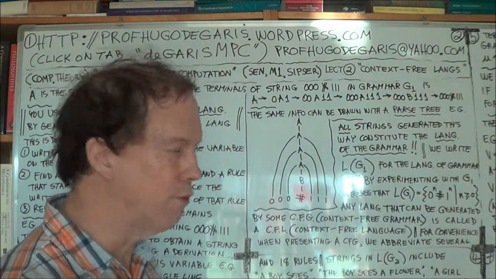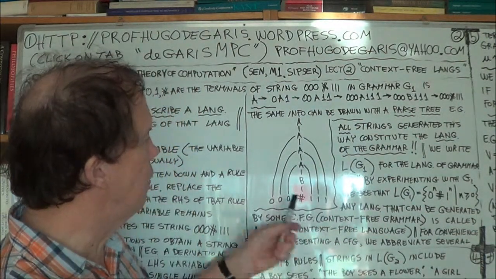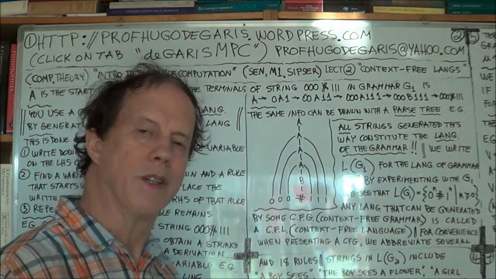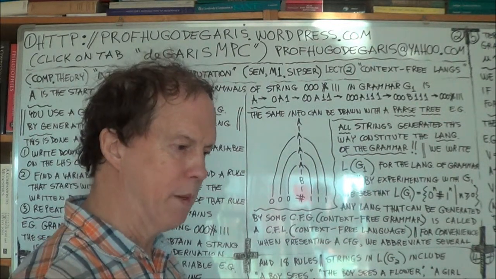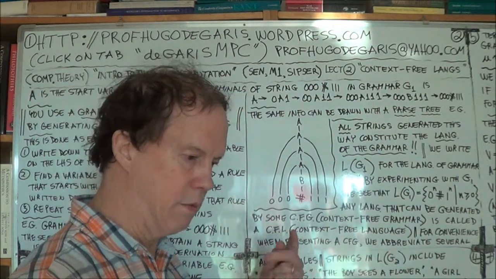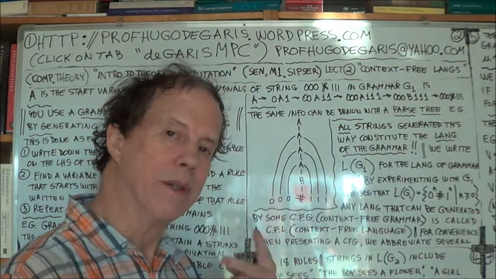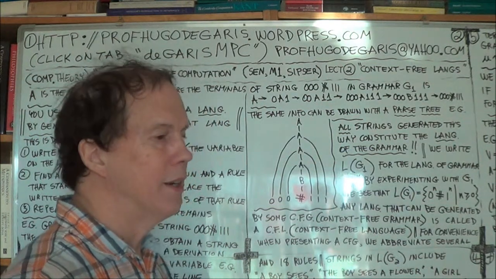Okay, a more formal definition. So what is, for this particular grammar G1, that language? All the strings in that language, you make the set of them, and that's what a language is. Remember, a language is just a set of strings.